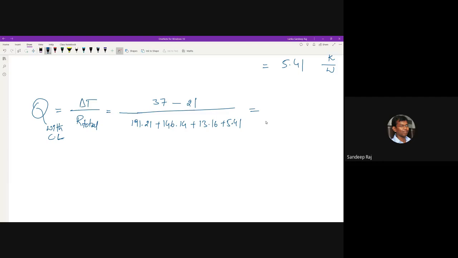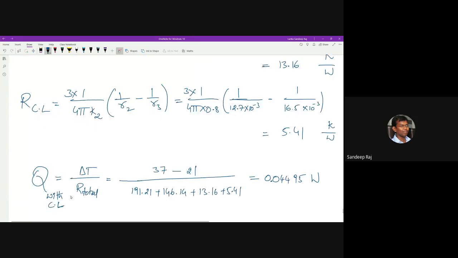What is this Q value? Somebody calculate and tell me. 0.044. A few more decimals. 0.04495 watts. That is the Q with the contact lens.